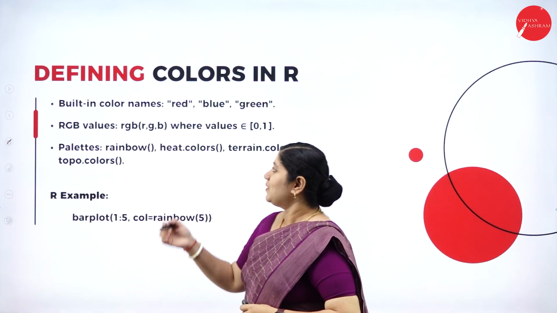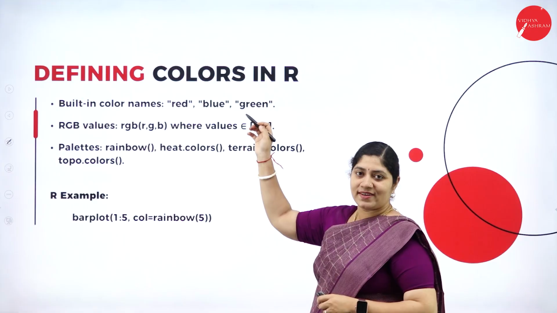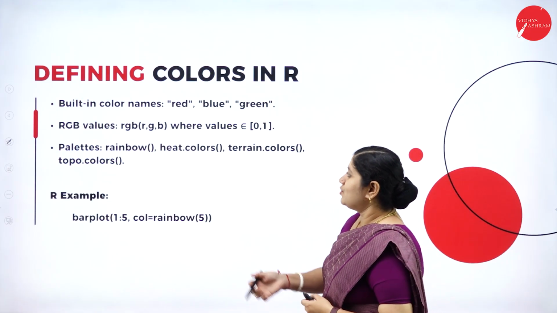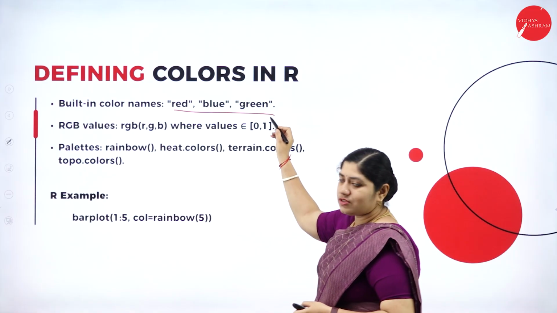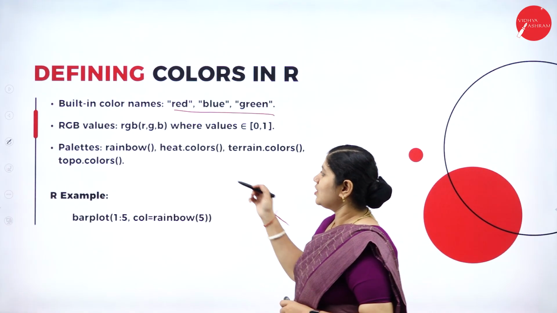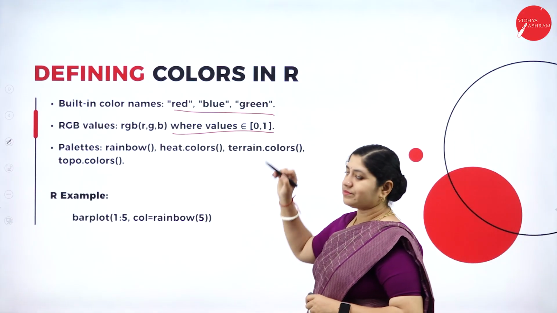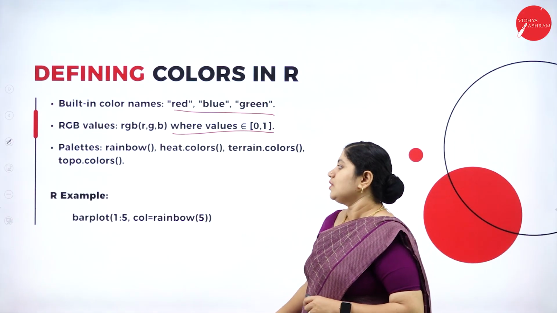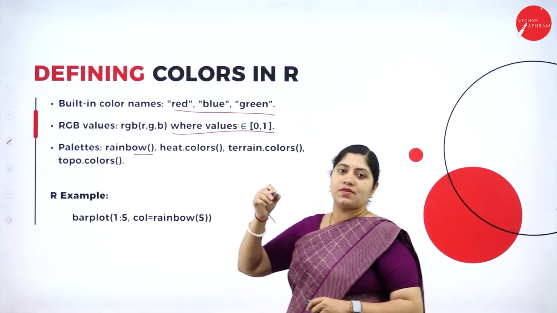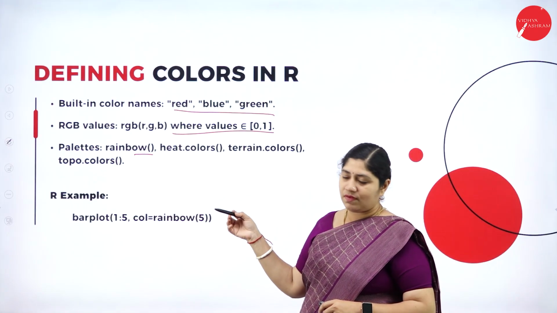Moving forward, defining colors. You can make it more colorful by defining them. There are built-in color names like red, blue, green, which are none other than RGB values. Then the palettes can also be updated. If you want to go with rainbow, you can directly define rainbow.